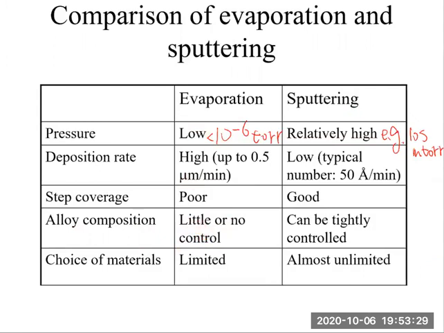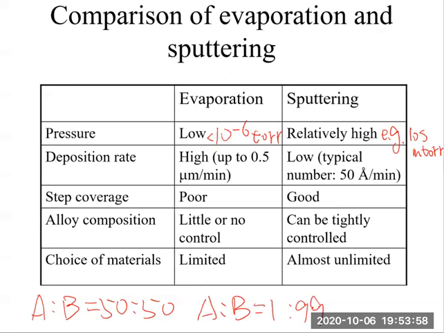For example, if the target is alloy A and B, and its ratio is let's say 50-50 A and B, after evaporation, in the thin film, you may end up with A only 1% or 99% B, because A and B will have different vapor pressure.